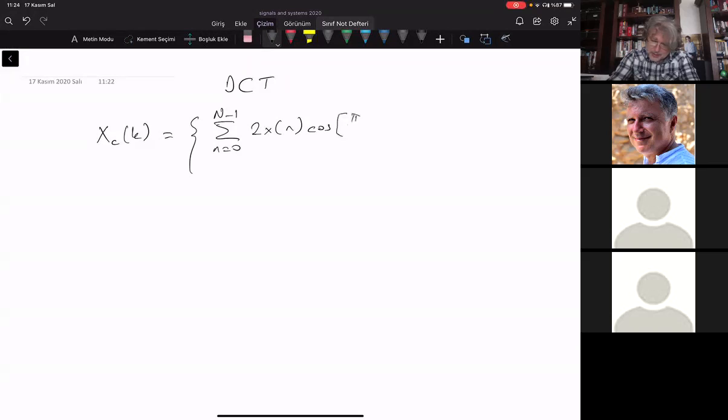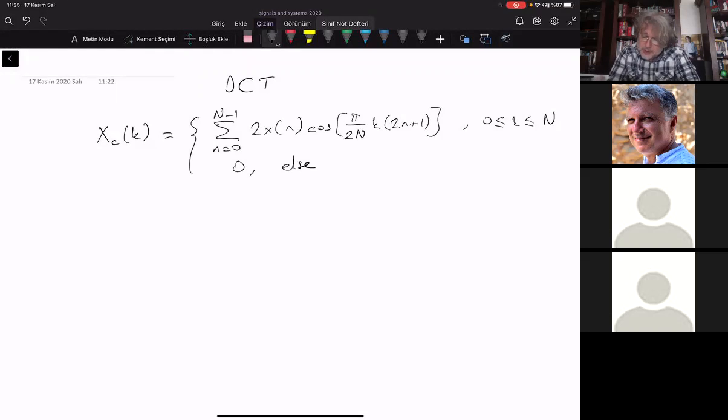It's pi over 2N, k times 2n plus 1. This is in the range where k is between 0 and N, and of course 0 else.